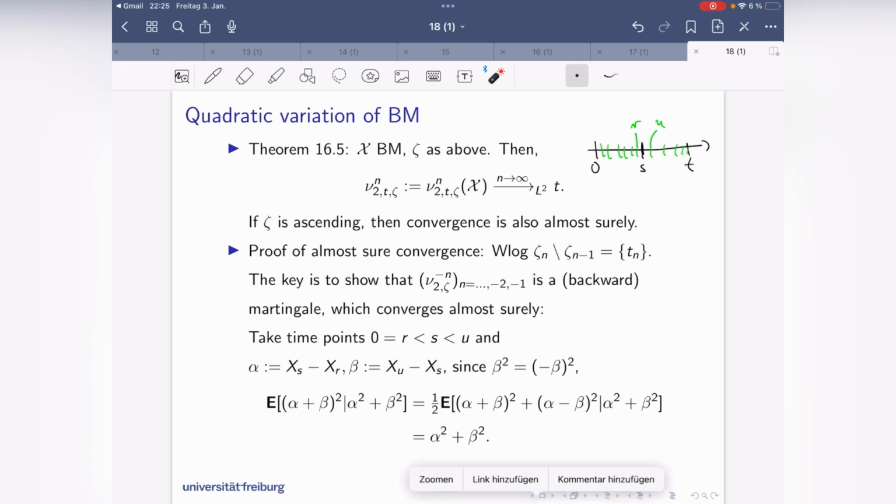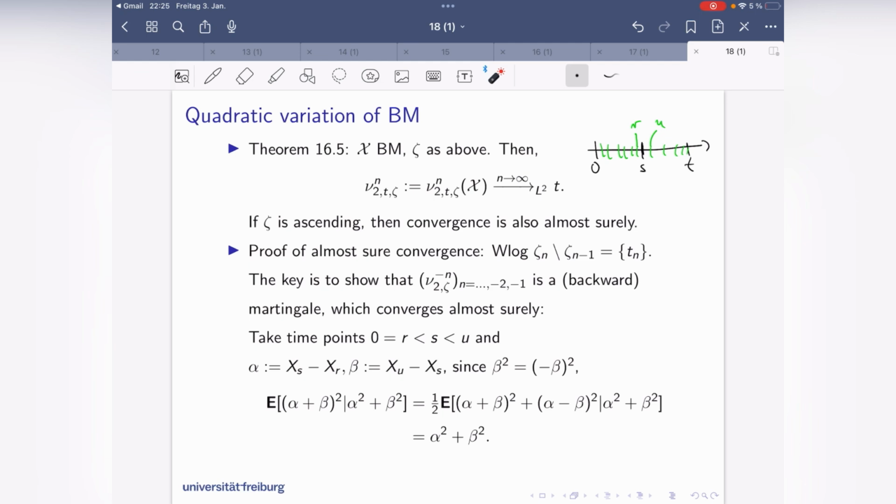And on the other hand, in the nth step, I have here alpha square, so this increment square plus the other increment square. Okay, so I have to find that this thing here equals this thing here, because alpha squared plus beta square, that sum occurs in the nth step, and this thing here occurs in the n minus 1th step.